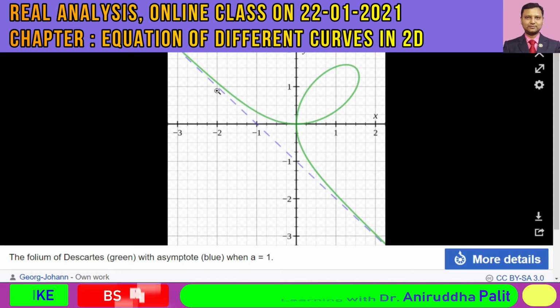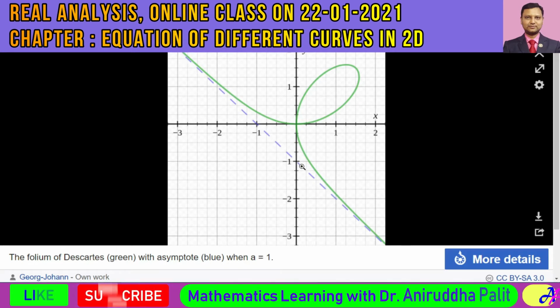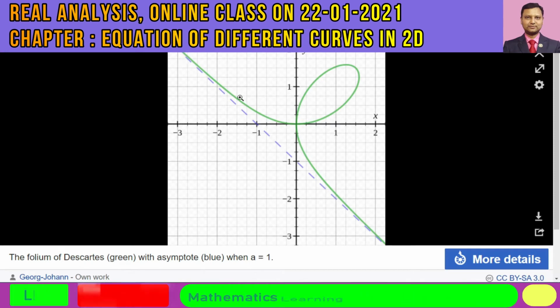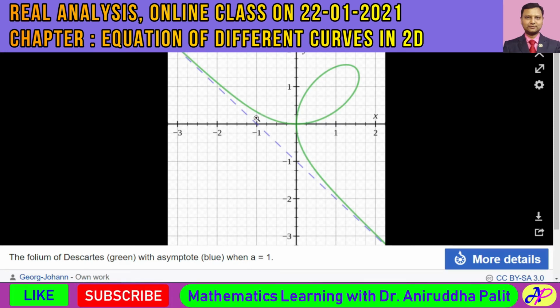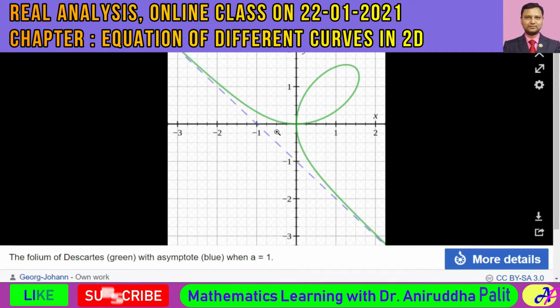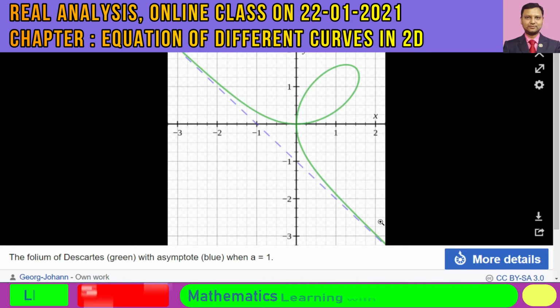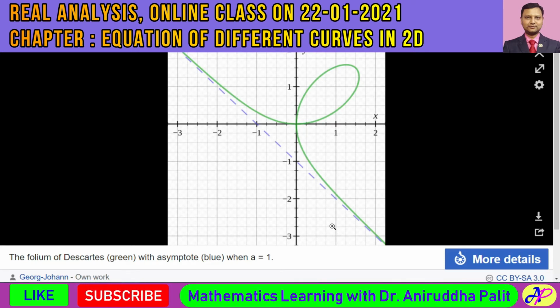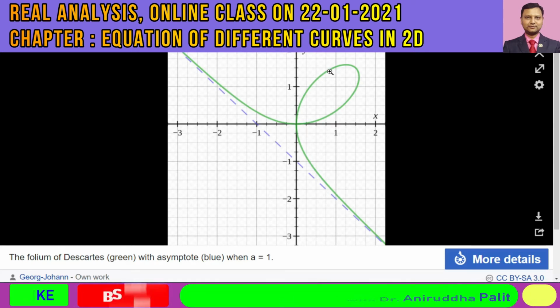And if we draw this kind of straight line, these are called asymptotes. The distance between the curve and the straight line would ultimately tend to zero as we move towards infinity. These are called asymptotes of the Folium of Descartes.